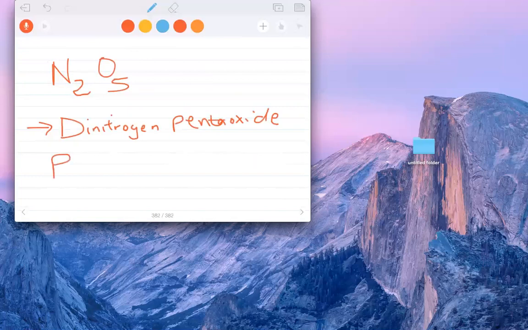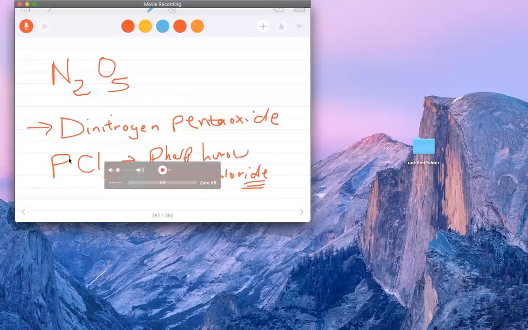Or maybe PCl5, for example. This is phosphorus pentachloride. There's a systematic way of naming, ending with -ide. For the first element, we do not use the word mono.